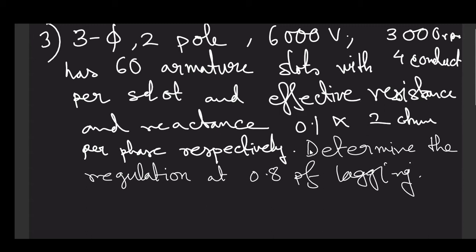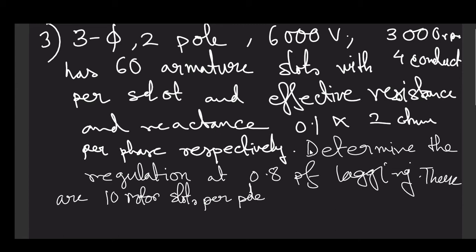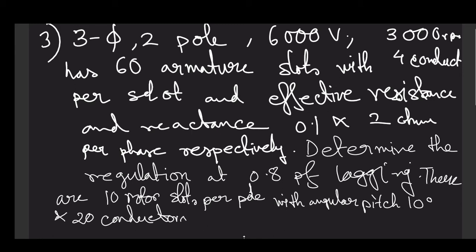The other information that I missed while writing this: there are 10 rotor slots per pole with an angular pitch of 10 degrees and 20 conductors per slot, right? This information I missed.